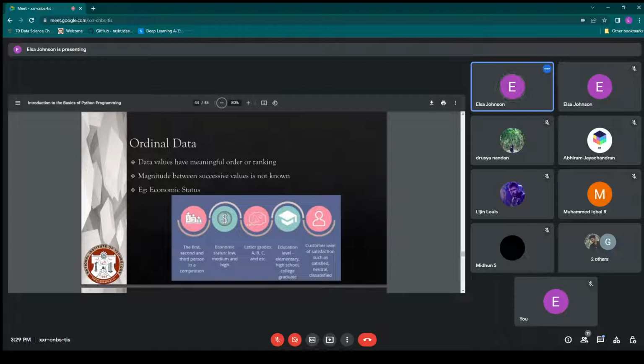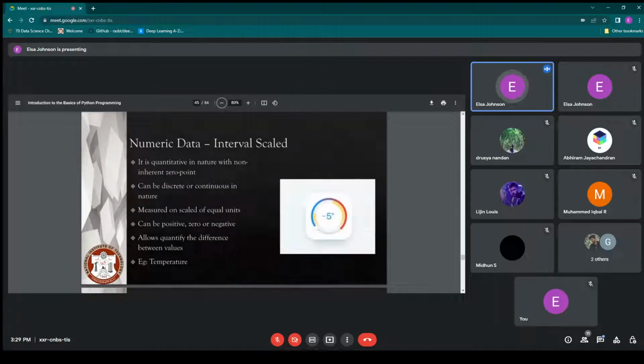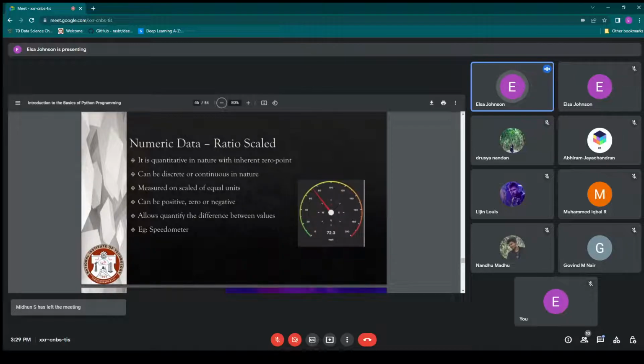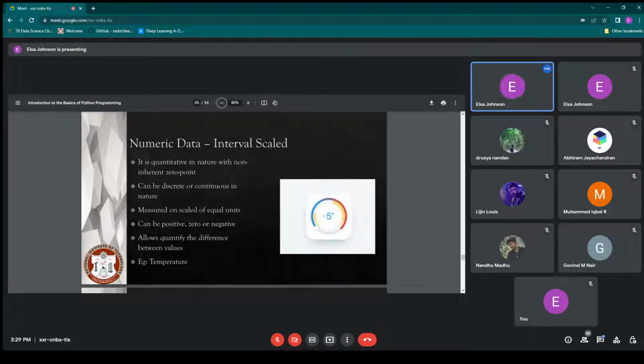Now the next one is numeric data. Numeric data is divided into interval and ratio scale. The interval scale is quantitative in nature with a non-inherent 0 point. For example, in the case of temperature, let's say I'm living in a very cold area, just assuming.